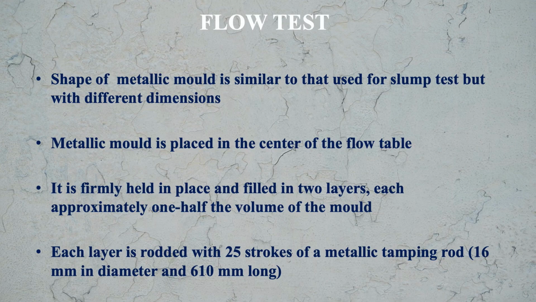Each layer is rodded with 25 strokes of a metallic tamping rod, which is 16 mm in diameter and 610 mm long. So using this tamping rod, we will be compacting the concrete by giving 25 strokes.